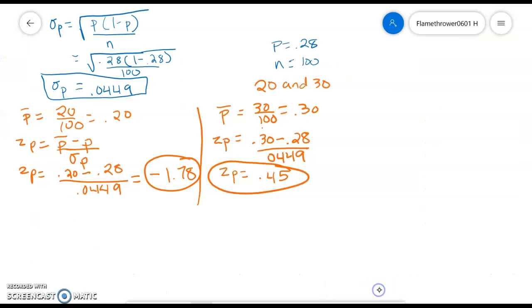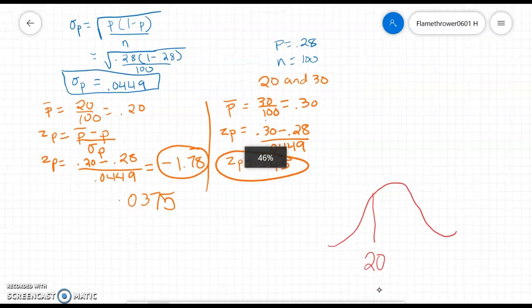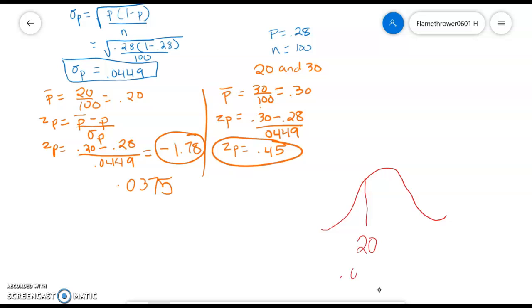So let's go ahead and put that down. 0.0375. So what does this number tell us? It tells us the probability of 20 or fewer would be 0.0375. So that includes anything in this area.